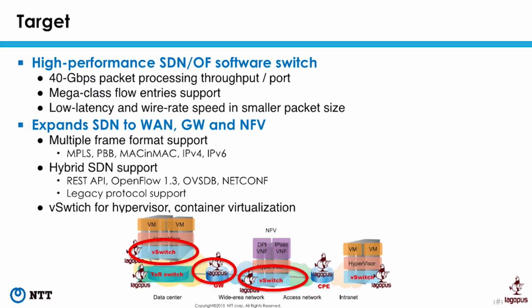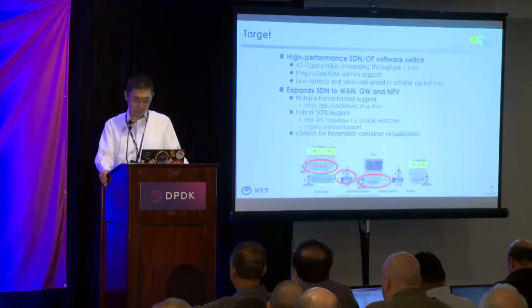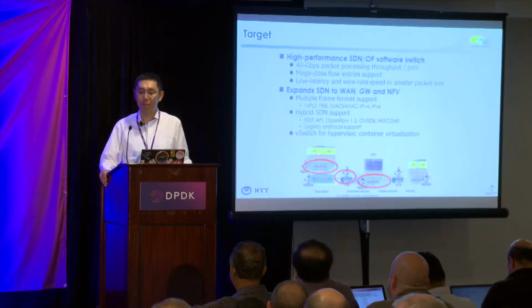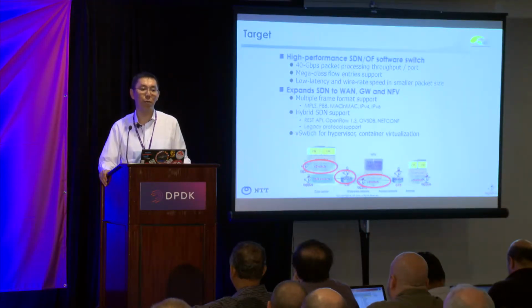Also, in our carrier use cases, we need a lot of support for frame formats, such as MPLS, PBB, MAC-in-MAC, IPv4, IPv6, and also many people said that a pure SDN approach does not work. So we try to support a hybrid SDN.